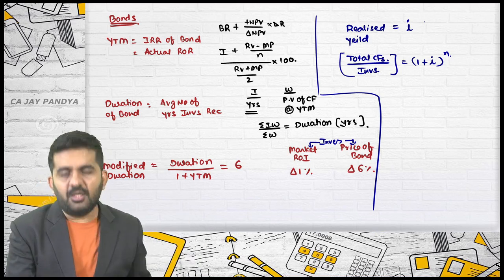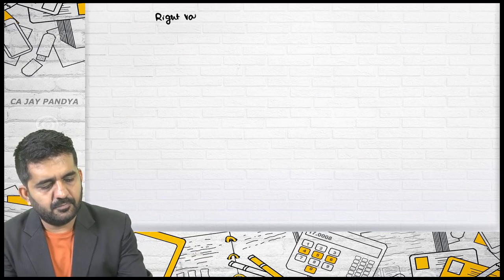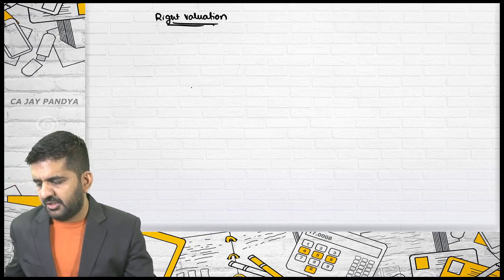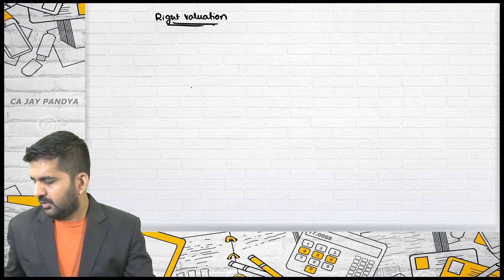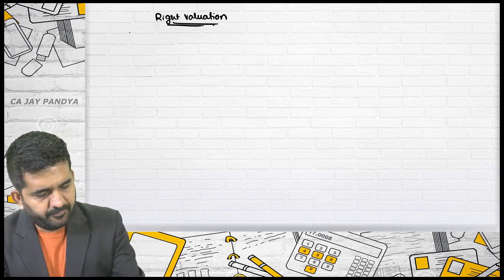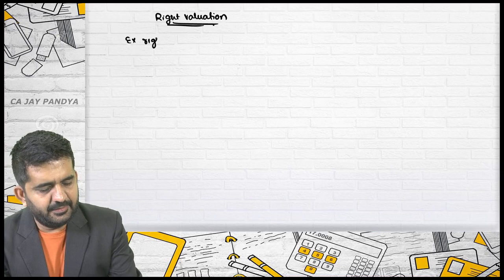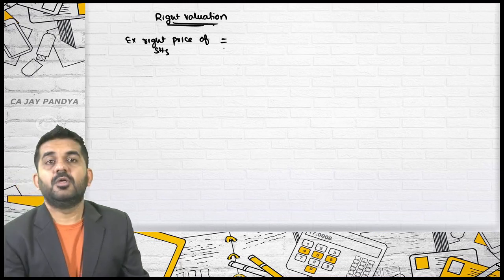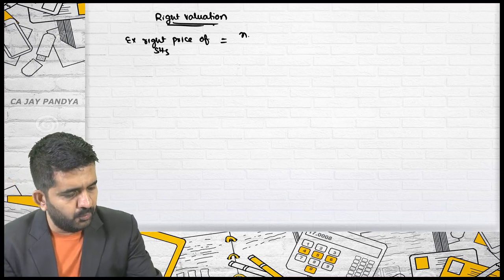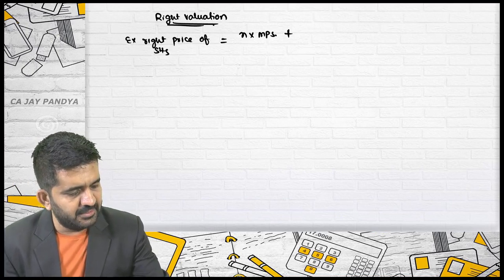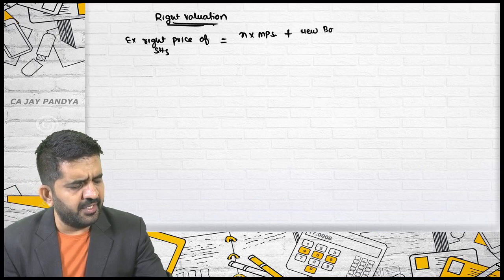This was one, and the last portion which we did was rights valuation. In rights valuation, we first found out the X-right price of the share. How we found out? Old value, number of shares multiplied by the existing market price of the share, plus new borrowing from the right.